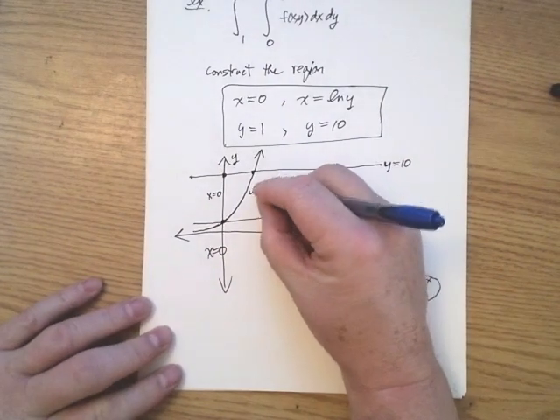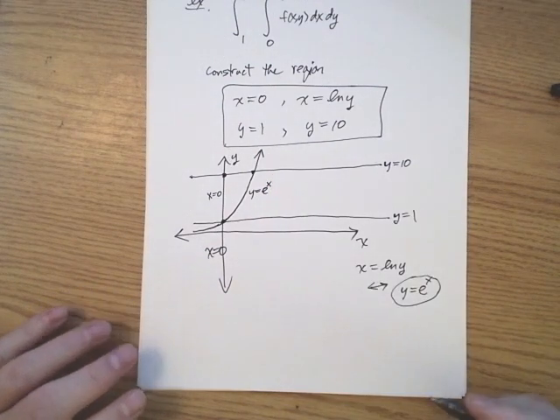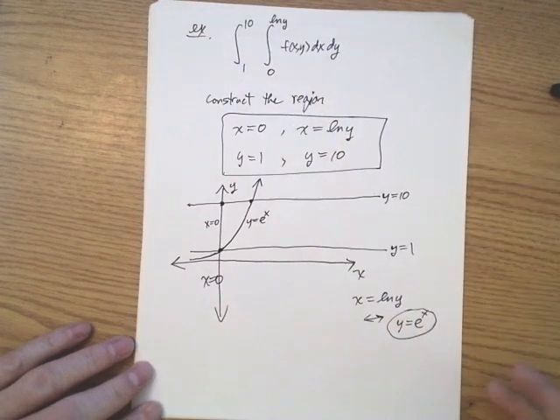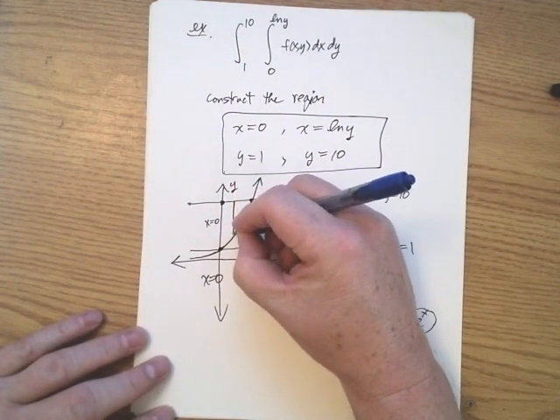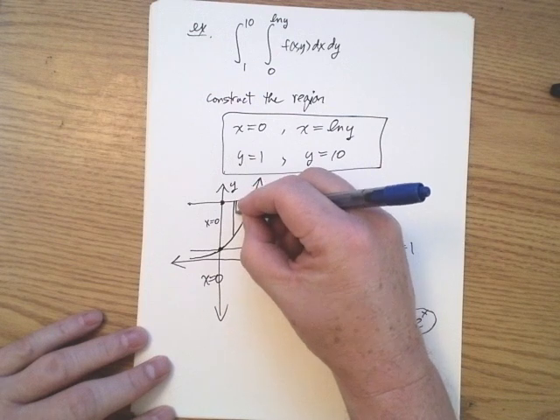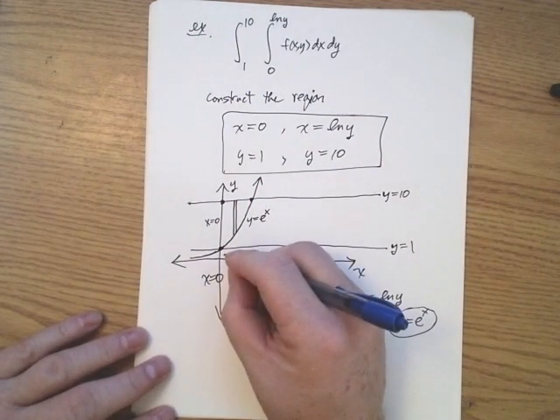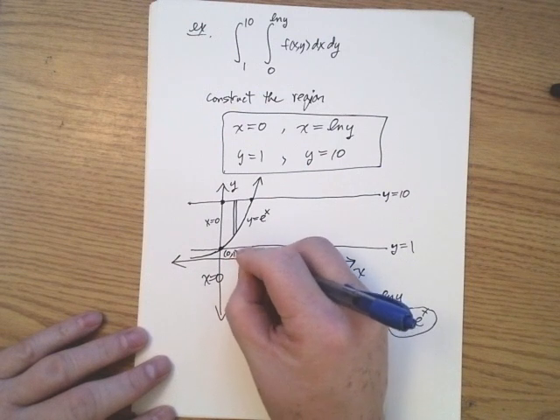Let's label this curve as y equals e to the x. Now, what are we supposed to do here? We need to integrate in the y direction first, so we're going to be going up and down. I imagine that I'm going to be integrating like this. Let's label these points. We've got 0, 1.